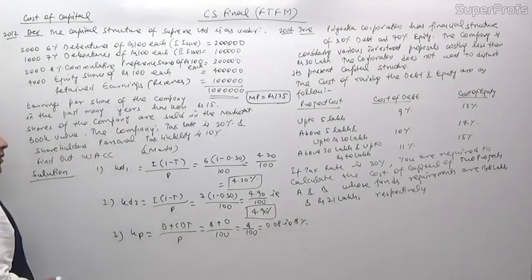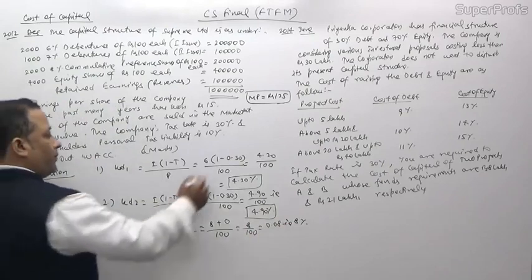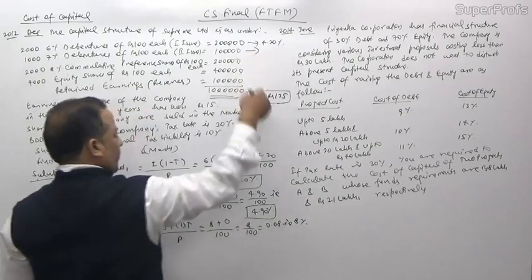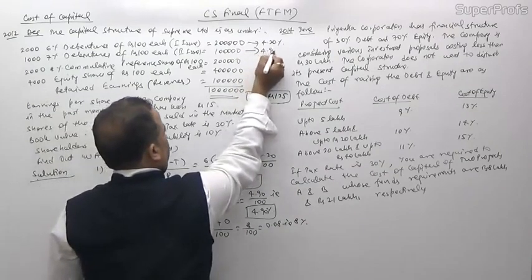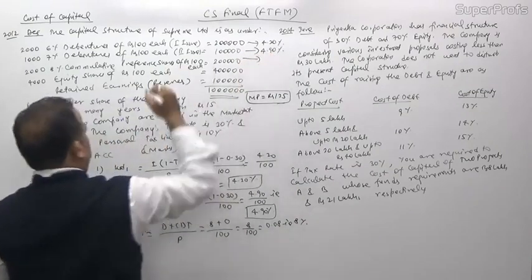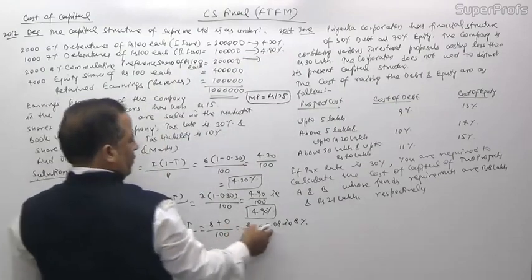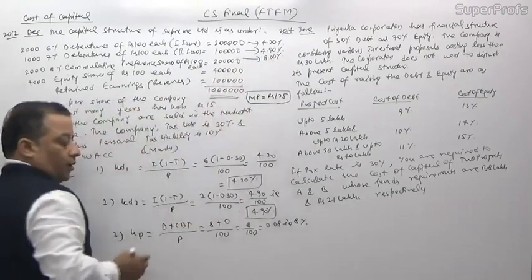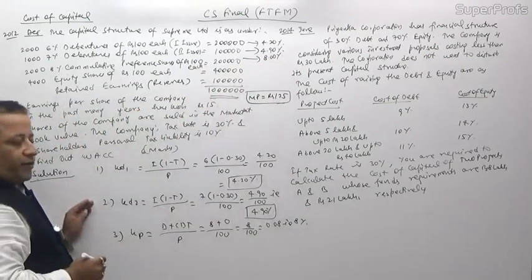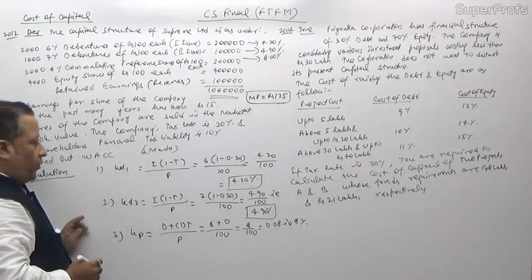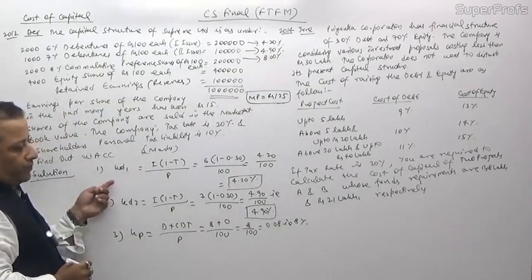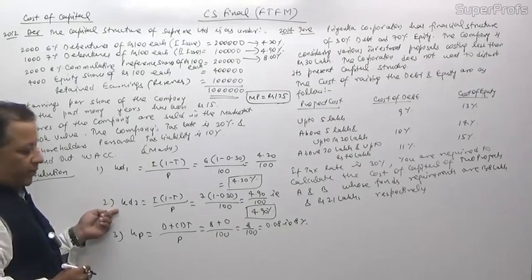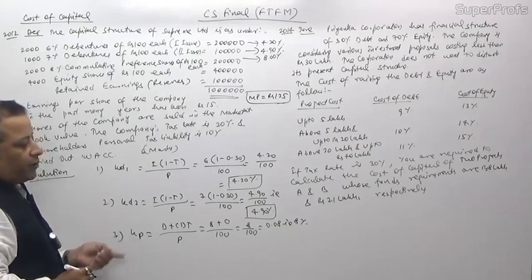That is 8%. So the cost of debt 1 amounts to 4.20%. The cost of debt 2, 4.90%. The cost of cumulative preference shares, 8%. So these first three components: the cost of debt 1 amounts to 4.20%, the cost of debt 2 4.90%, the cost of preference shares 8%.